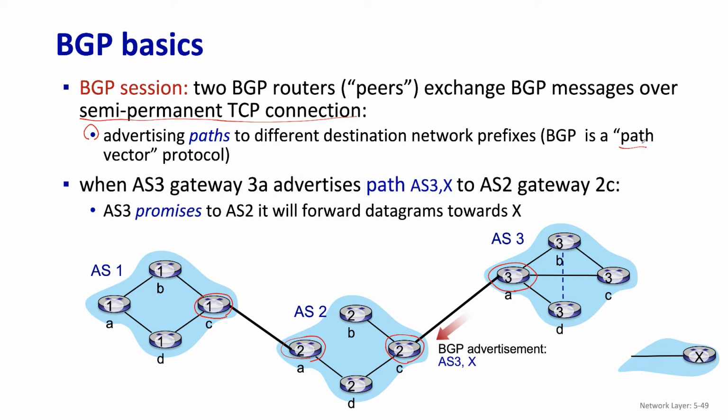For example here, let's say that X is part of autonomous system 3. So A here is going to send an advertisement to the neighbor, 2C, saying that to access X, it must go through autonomous system 3. This is the way it's working.